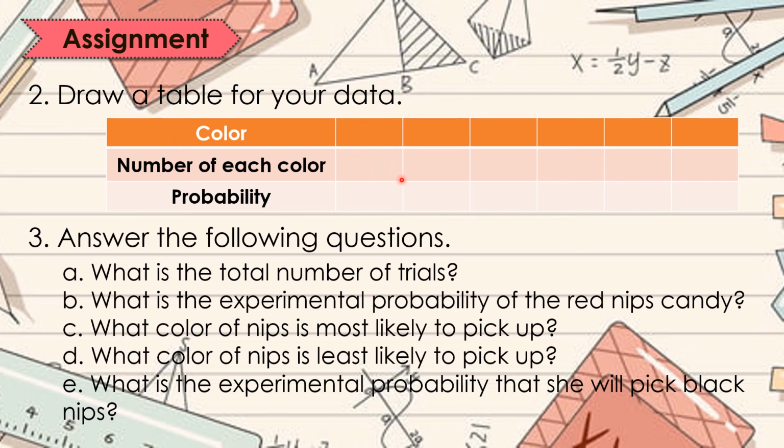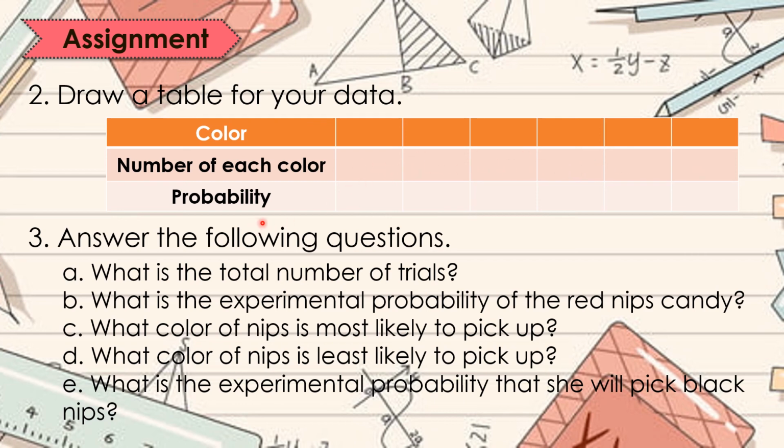Ang bilang ng columns dito ay depende kung ilan ang kulay na makikita ninyo sa inyong binuksan na nips. So, ilagay ang number of each color. Bawat kulay na nakita ninyo, isulat kung ilang beses nag-appear ang kulay na yon.